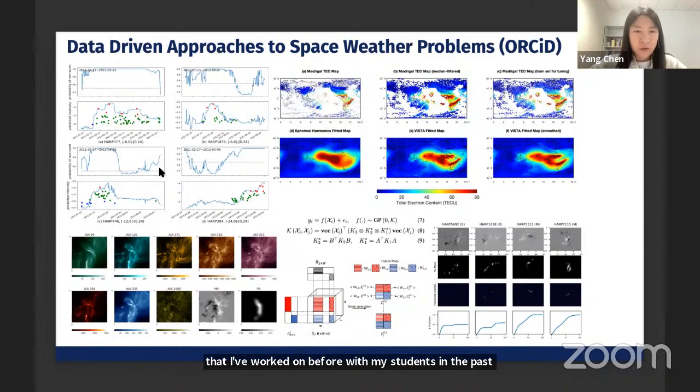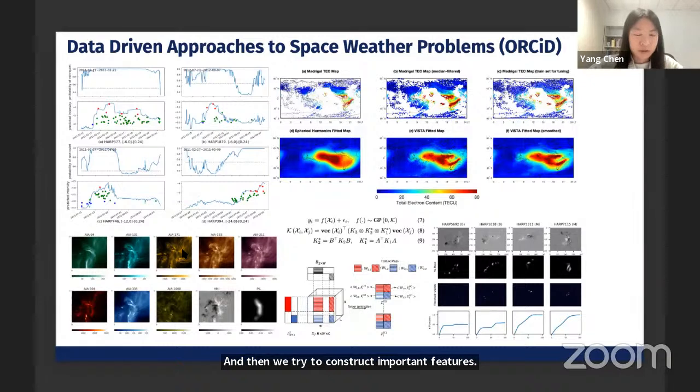So we have worked on solar flare prediction problems. The way that we take it is that we use different kinds of data inputs, such as the SHARP parameters and also the HMI-AIA images. And then we try to construct important features, using physically driven and also purely statistical methods.